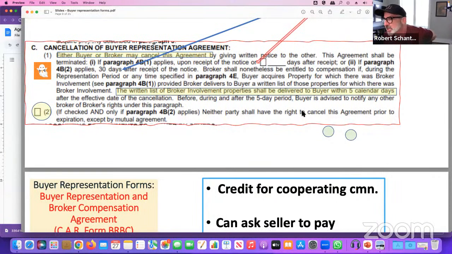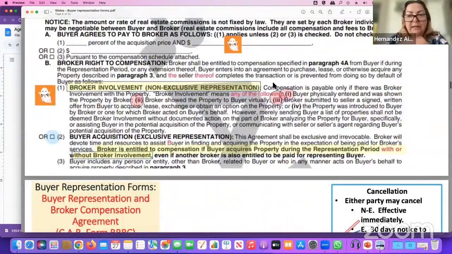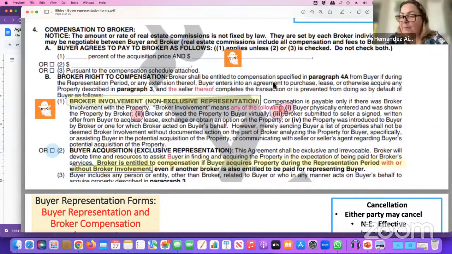Okay, who had a question? That was me, Bob. Is there a preference over 4B1 versus 4B2 when we're getting into an agreement with a buyer? Would it be preferable for us to do the non-exclusive versus the exclusive? Well, the non-exclusive is the more friendly version, and the buyer would be more willing to agree to that because they know it's not exclusive.